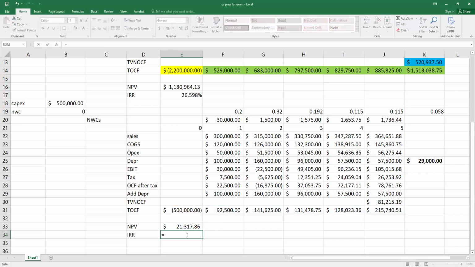And IRR, 11%. Okay. 10%, it's here in this question.